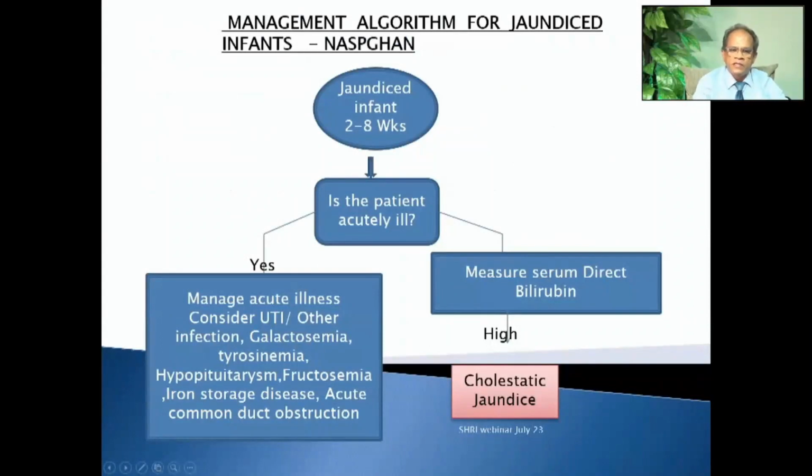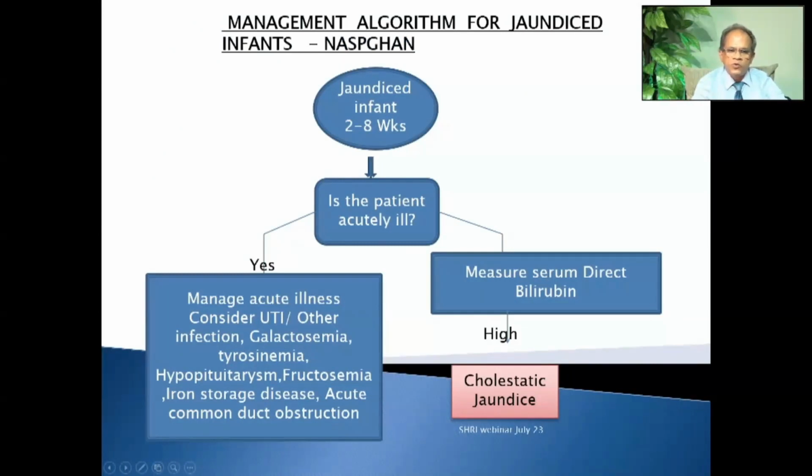So if a baby is jaundiced in the first month or 2 of life, and if he is acutely ill, so if he has a febrile illness or if he is unwell, then you have to manage the acute illness.